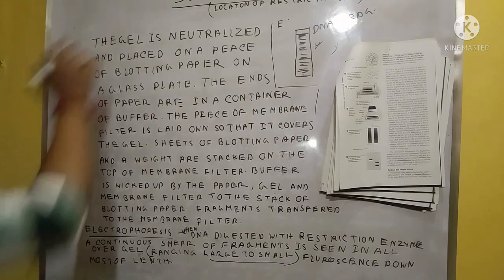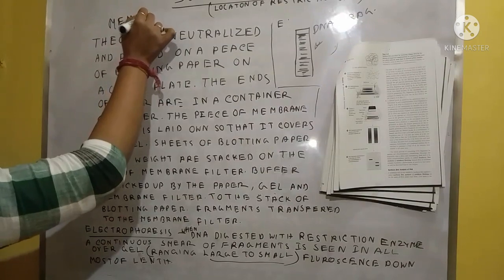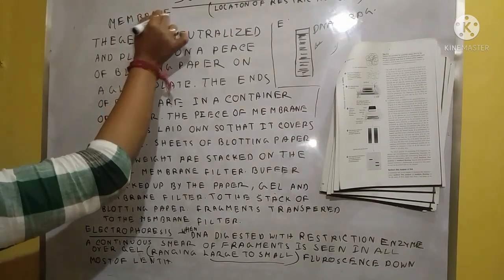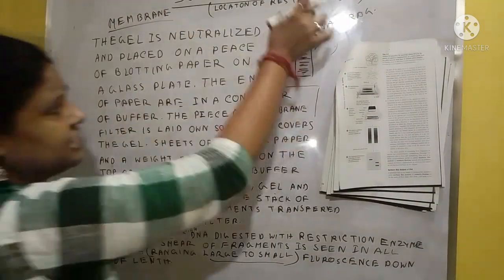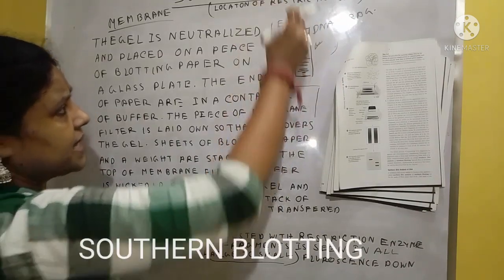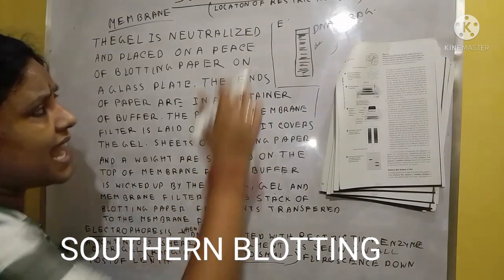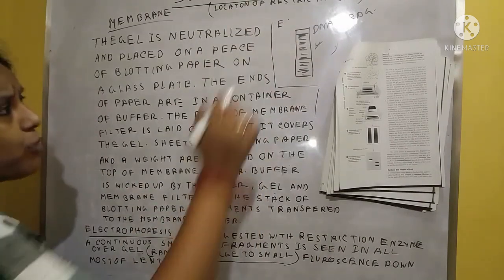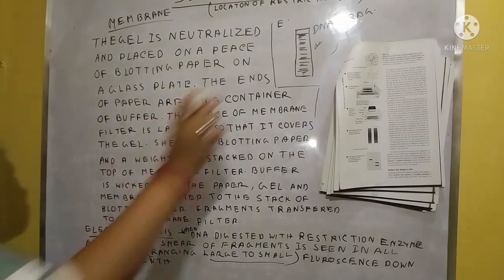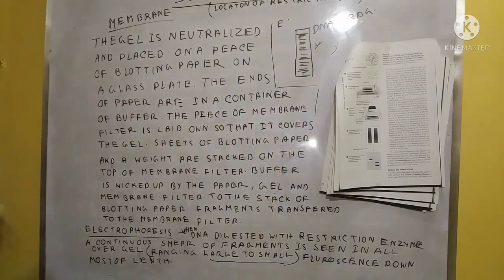And now we understand the membrane filter. What happens in the membrane filter? We get this gel with the different types of fragments, in such a manner that we cannot recognize them properly. So this gel is not useful for recognizing the fragments.